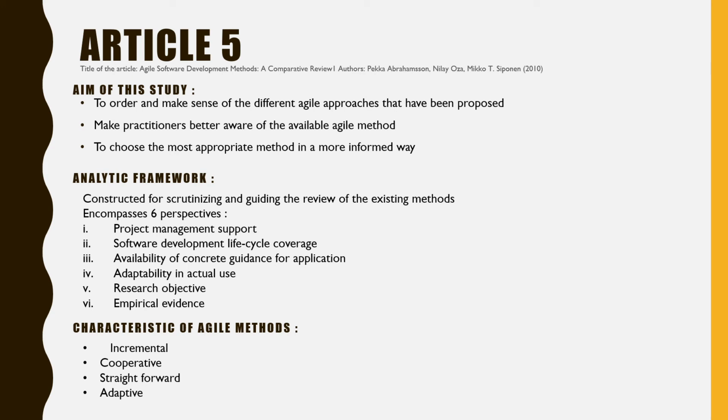The analytic framework encompasses 6 perspectives, which are: first, project management support; second, software development life cycle coverage; third, availability of concrete guidance for application; fourth, adaptability in actual use; fifth, research objective; and lastly, empirical evidence. Okay, next is the characteristics of agile methods, which are F4: incremental, cooperative, straightforward, and adaptive.